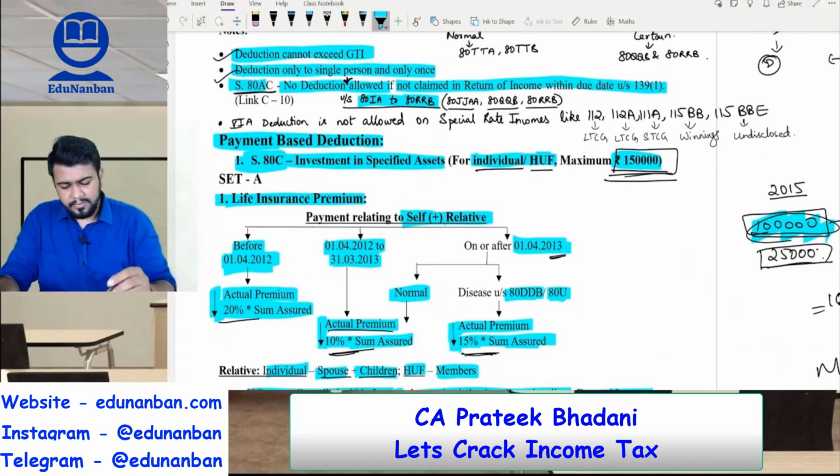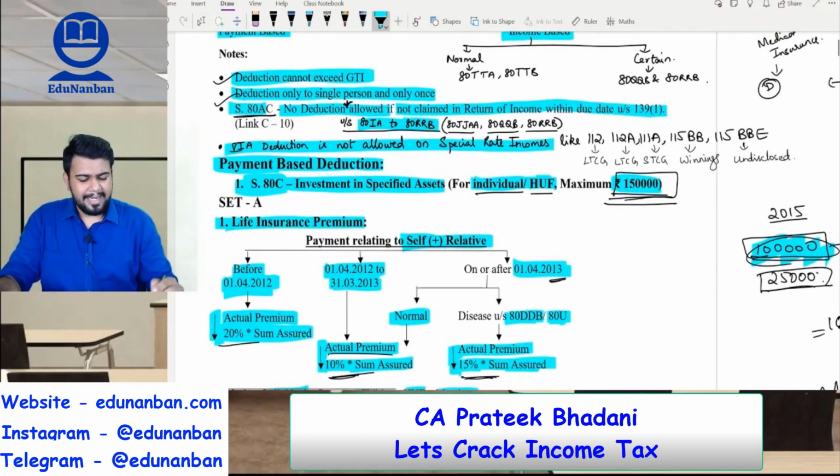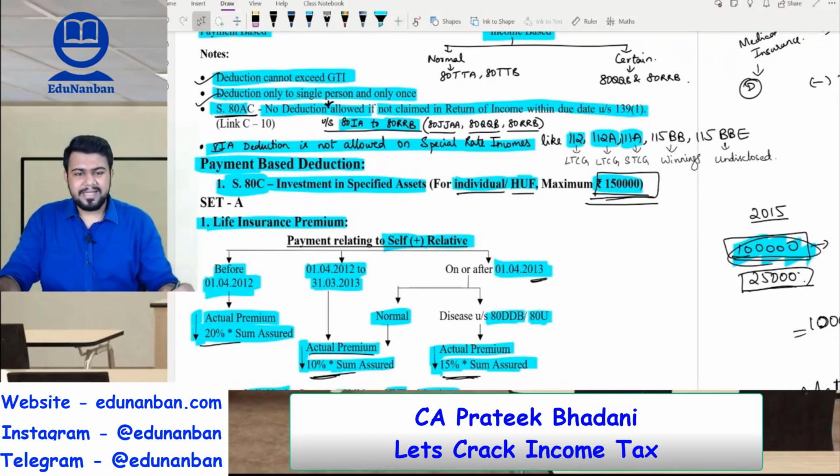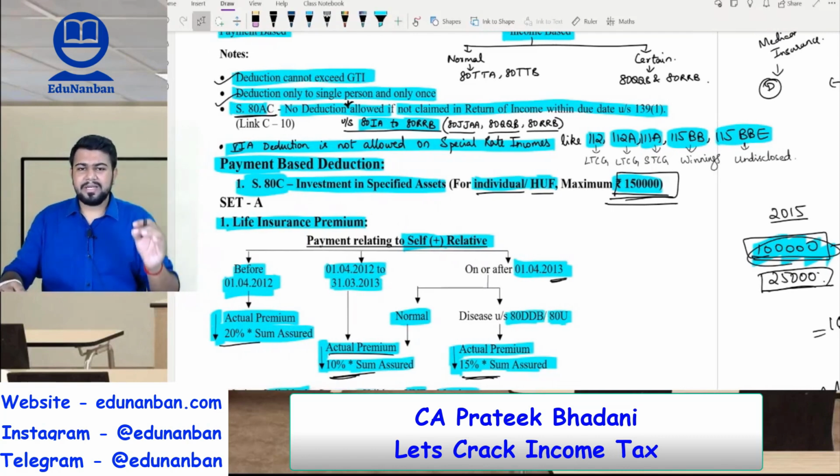Next, chapter 6A deductions are not allowed on special rate income like long-term capital gain under section 112, long-term capital gain under section 112A, short-term capital gain under 111A, winnings income under 115BB or any undisclosed income under section 115BBE. On such special rate incomes you will not get the benefit of chapter 6A deduction.